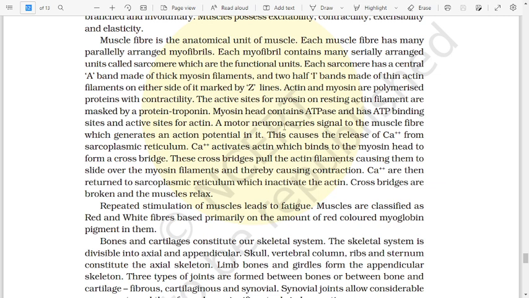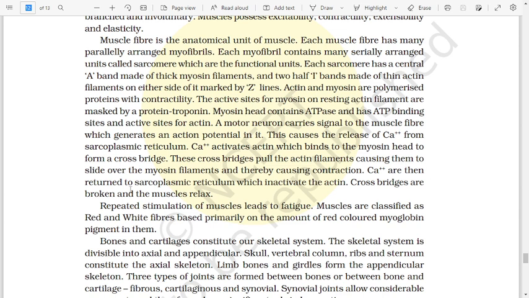A motor neuron carries a signal to the muscle fiber, which generates an action potential in it. This causes the release of calcium from the sarcoplasmic reticulum. Calcium activates actin, which binds to the myosin head to form a cross bridge. These cross bridges pull the actin filaments, causing them to slide over the myosin filaments and thereby causing contraction.